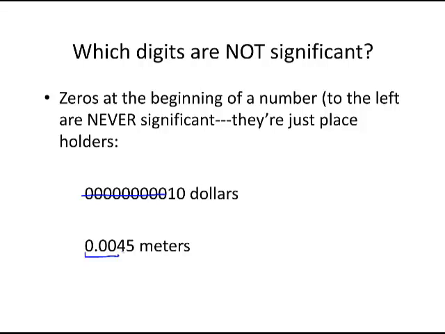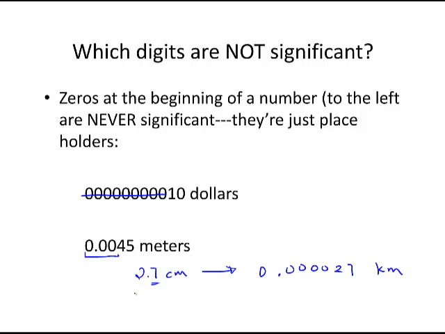For example, we just measured the diameter of the marble, and we said that the diameter of the marble was 2.7 centimeters, and we argued a little bit about what that last decimal place was. Was it 2.6? Was it 2.7? However, let's take this measurement and convert it to kilometers. If we were to convert from centimeters to kilometers, our value would be 0.000027 kilometers.